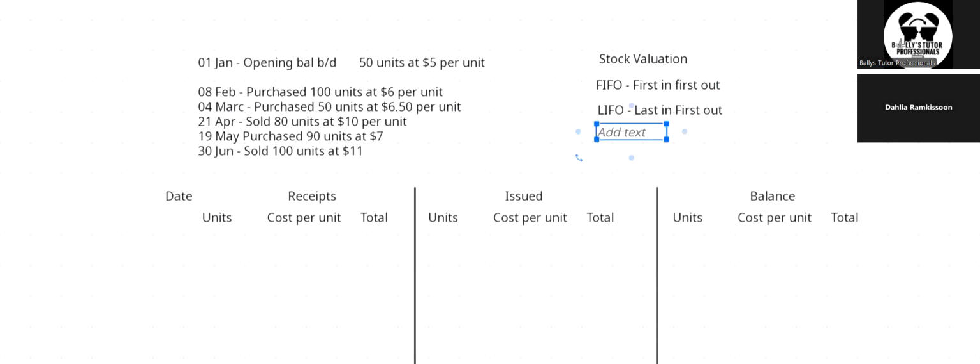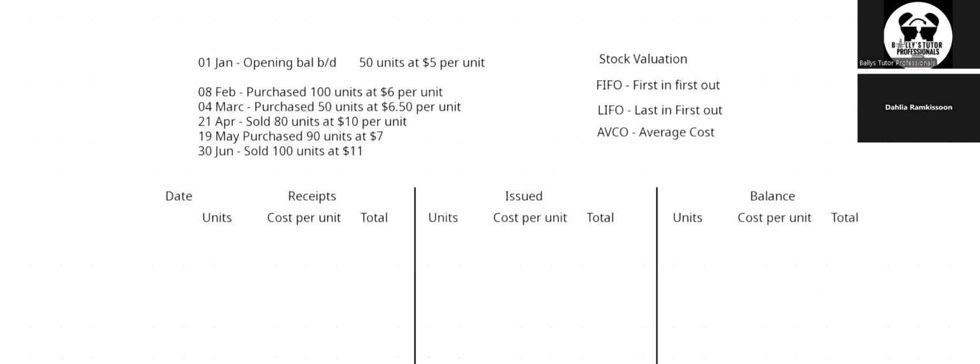So let's look at FIFO first. The first set of goods to come in is the first set of goods we're selling. If you notice, whenever we purchase goods in this example here, you see them have different prices. You see that? All right.